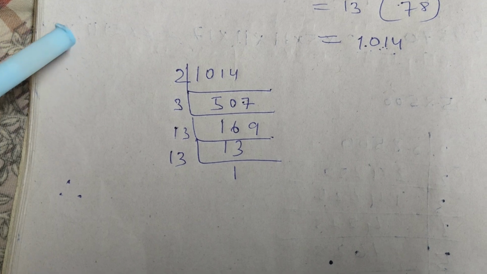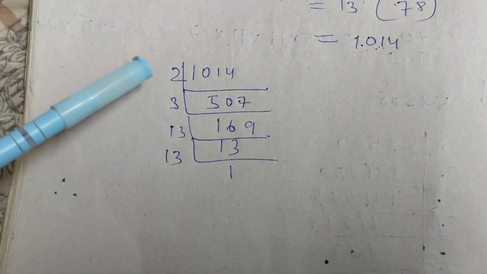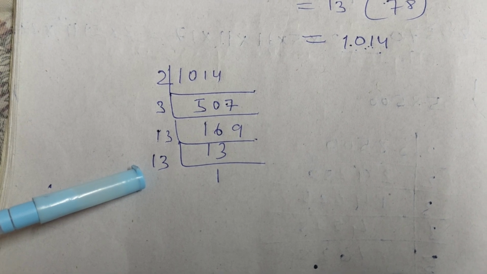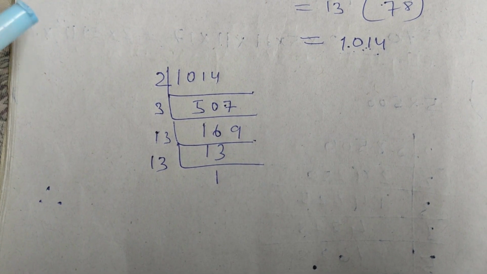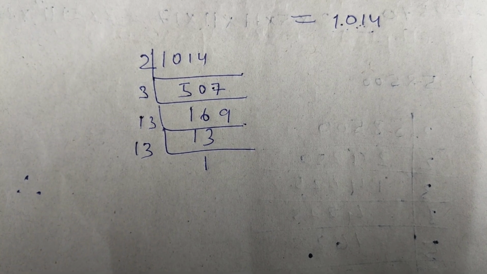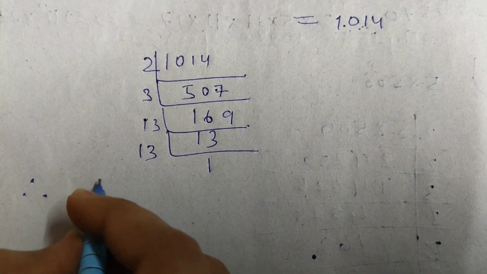So you can see here this number has more than two factors. All these factors are prime numbers and it has more than two factors other than itself and 1.